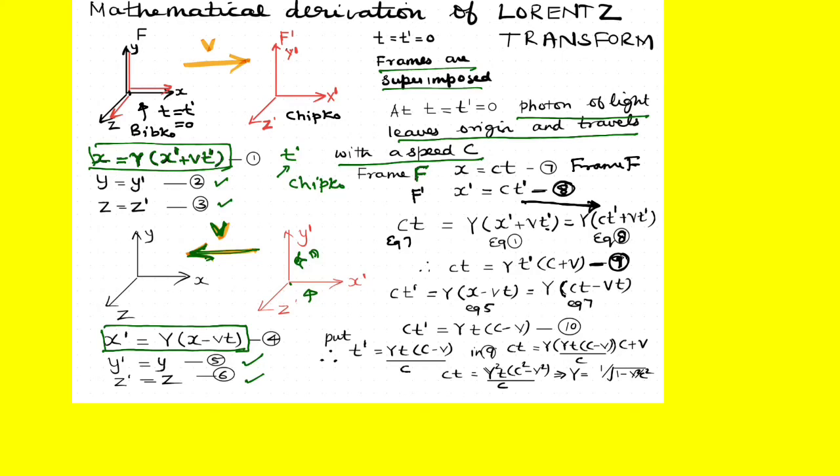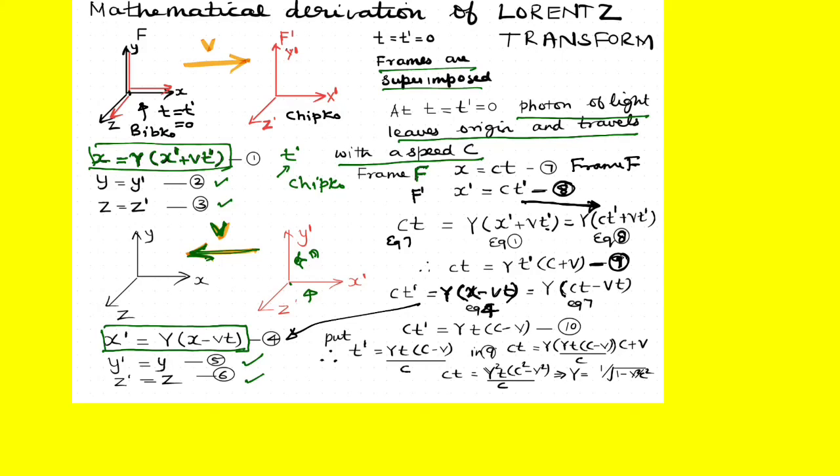Now also note that from equation 8, ct dash is equal to x dash, but from equation 4, sorry, this is equation 4, ct dash is equal to gamma into x minus vt. This comes from this equation.